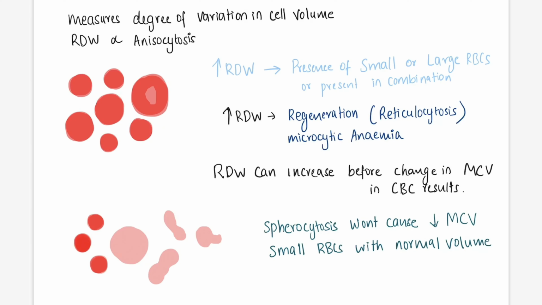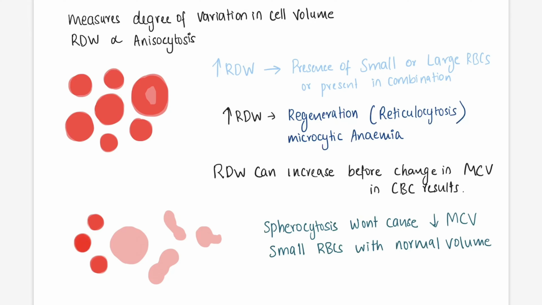If they are in combination, then MCV might still be within reference range. In that case, RDW will help, because RDW is only measuring the difference between the volume of cells. So when the difference is high, it is going to increase.